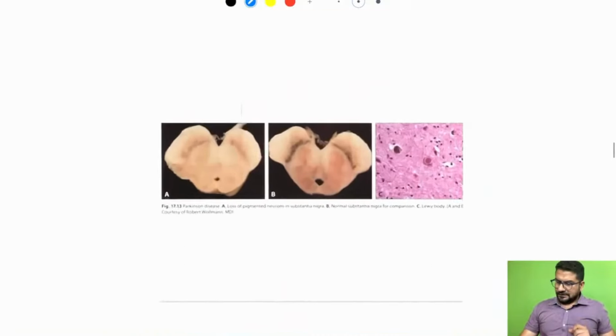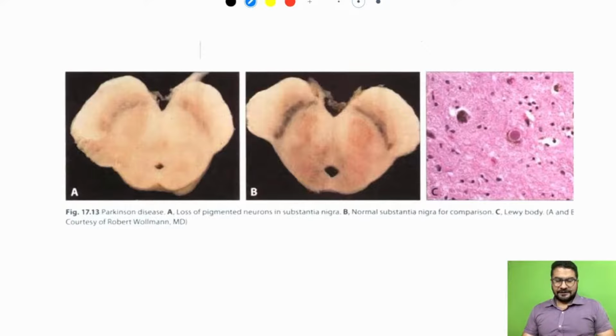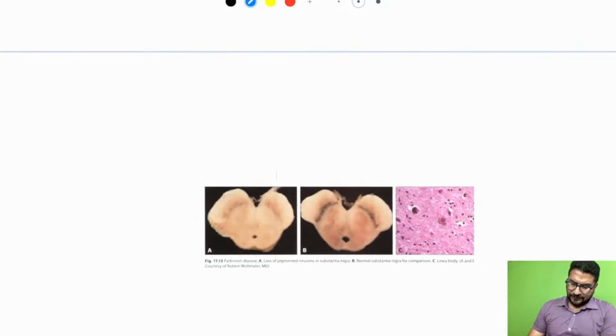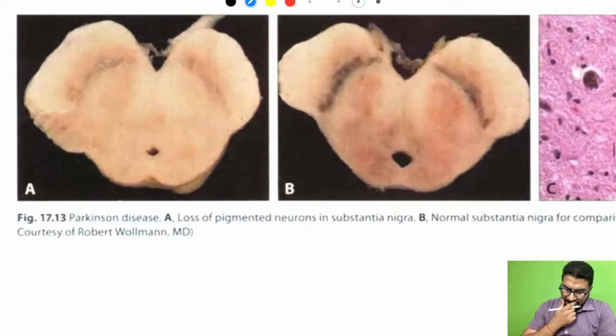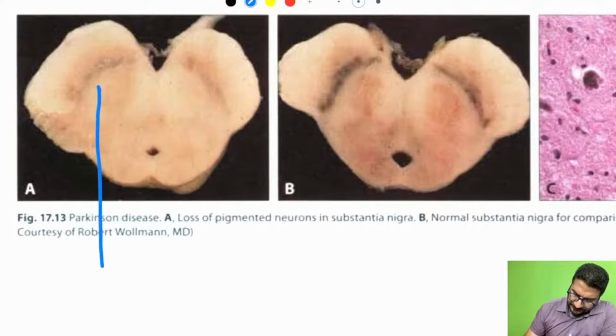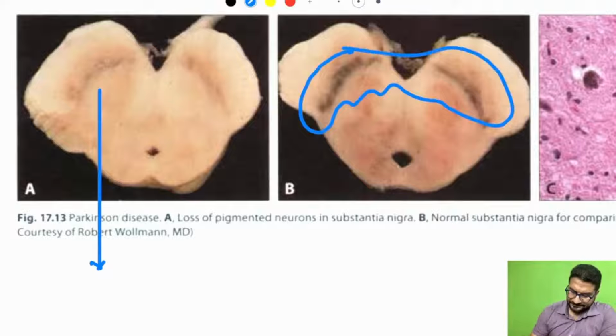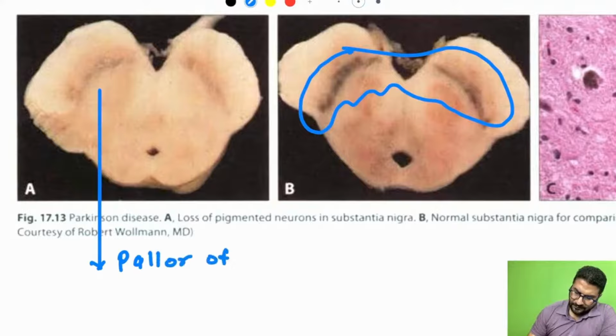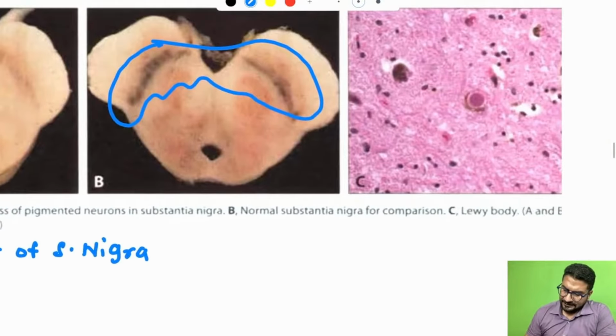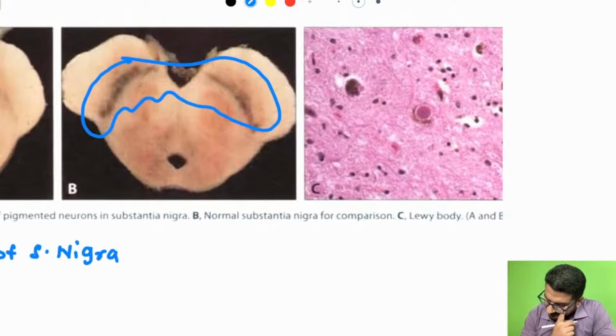Okay, now let's talk about a condition called Parkinson disease. Understand Parkinson, what type of question they ask you in the exam. You can notice this is a person who has pallor of the substantia nigra. Normal substantia nigra looks like this, nigra means black, it will look black in color. So here you can see pallor, or you can say depigmentation or loss of pigment. Then in Parkinson you can find these Lewy bodies.